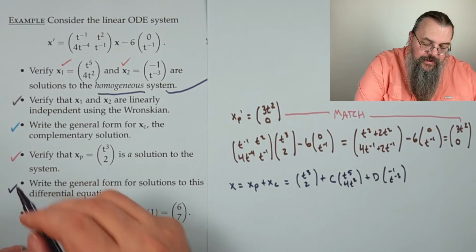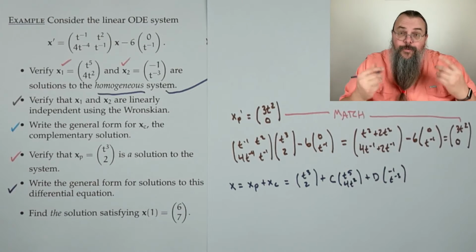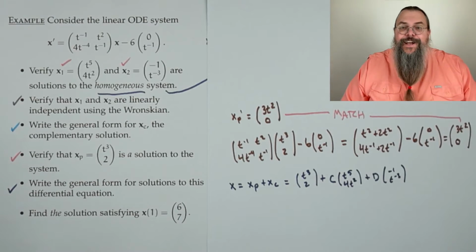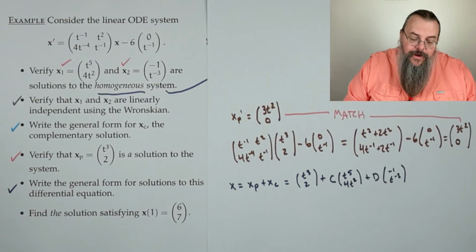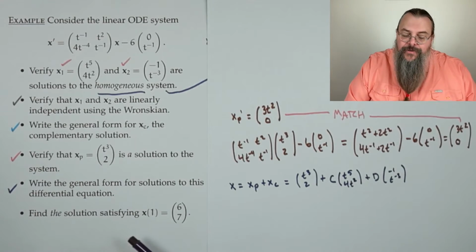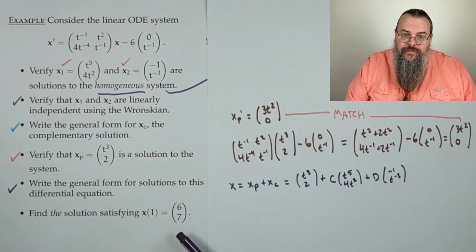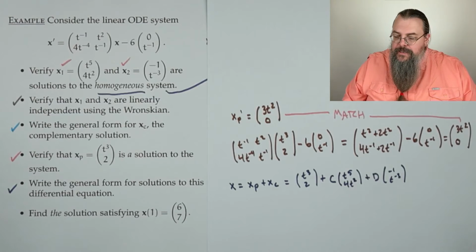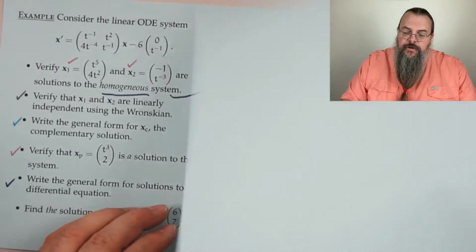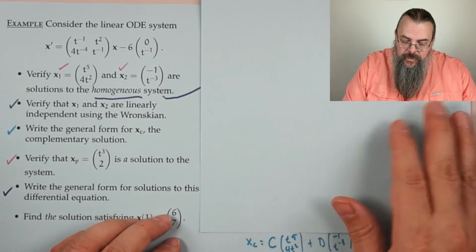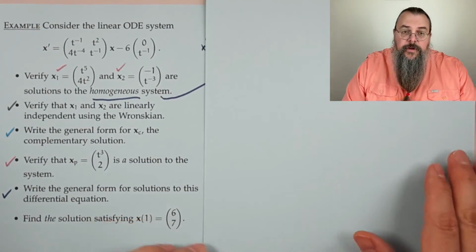Nice. And one more thing to go, and then we'll be done. Find the solution satisfying x of 1 equals 6, 7. Well, let's give ourselves some more space. So I'm going to just turn this piece of paper over. And here we go.